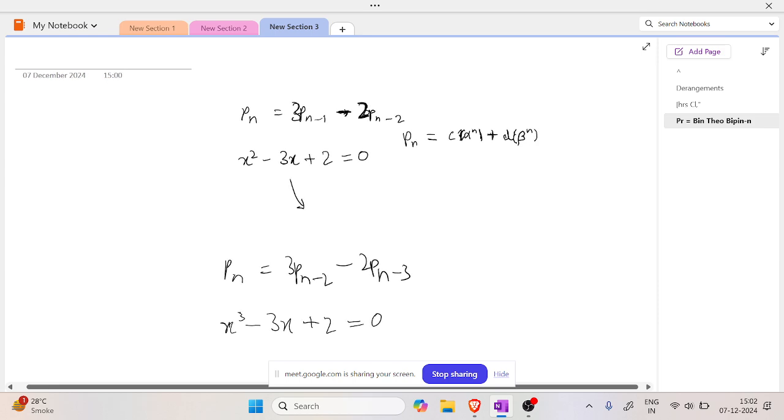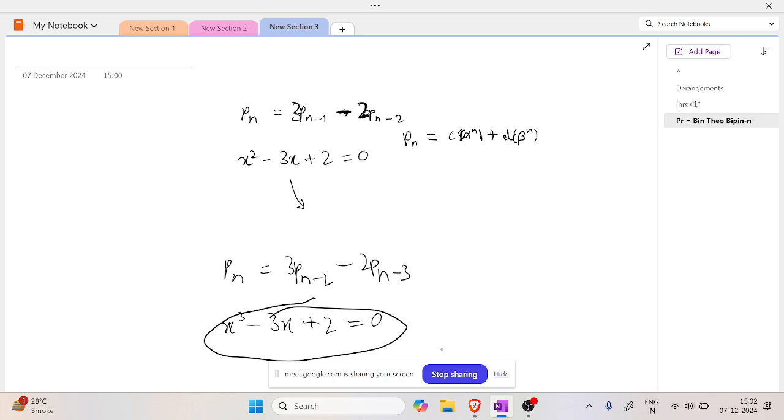In this equation, we didn't take a square because the key idea is that you assume this is alpha to the n plus beta to the n, and when you divide by alpha to the n minus 3, you are trying to solve this separately for alpha to the n and beta to the n. So when you divide by alpha to the n minus 3, you get the cube here.